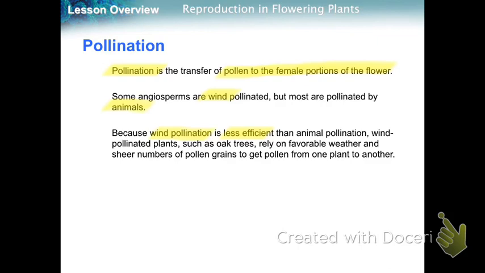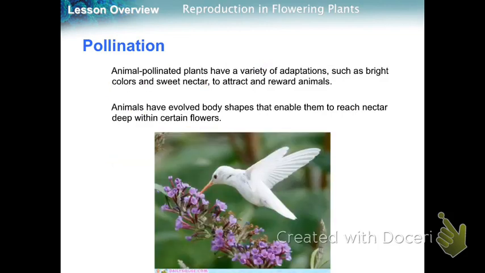So oak trees that are wind pollinated rely on the wind, weather conditions, and then they overproduce like crazy the number of pollen grains to ensure a pollination event will happen. Animal pollinated plants have these adaptations to attract pollinators: bright colors, sweet nectar, and as you can see, this is an albino hummingbird.